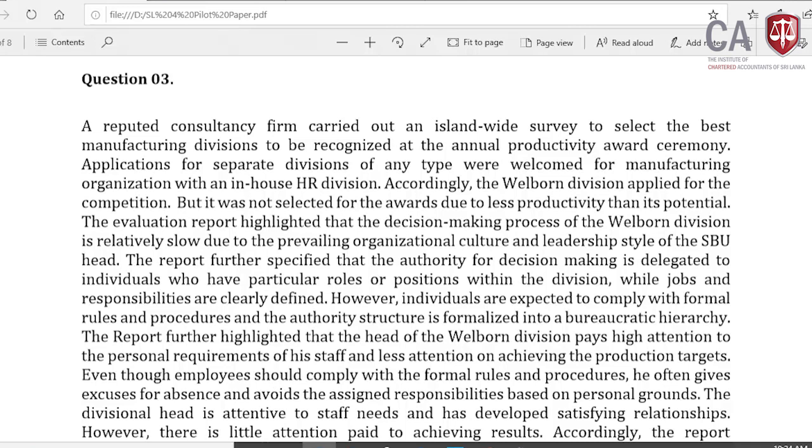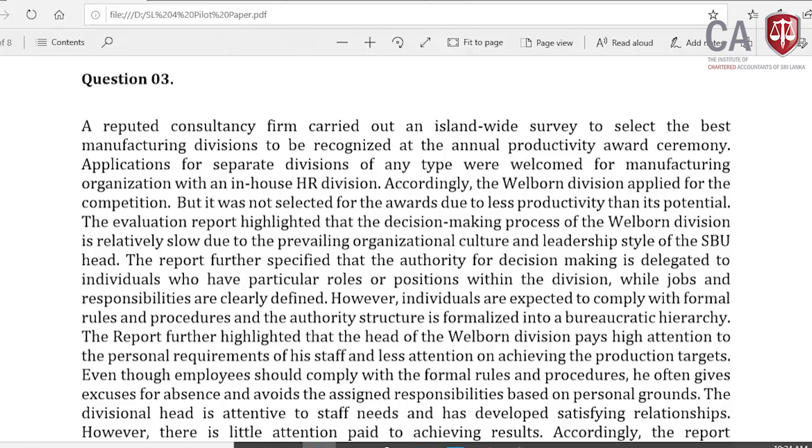A reputed consulting firm carried out an island-wide survey to select the best manufacturing division to be recognized at the annual productivity award ceremony. Application for separate division of any type will come for manufacturing organization with an in-house HR divisions. Accordingly, the well-born division apply for the competitions.